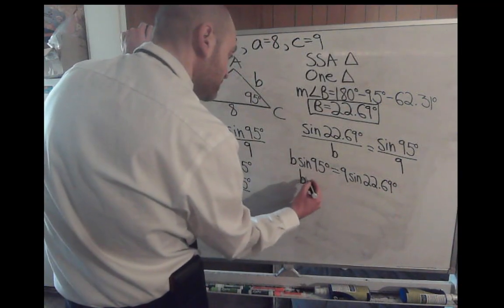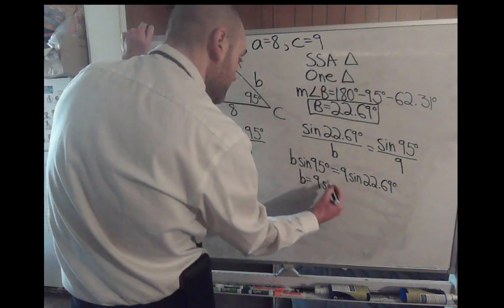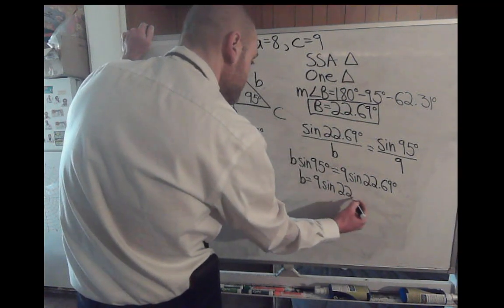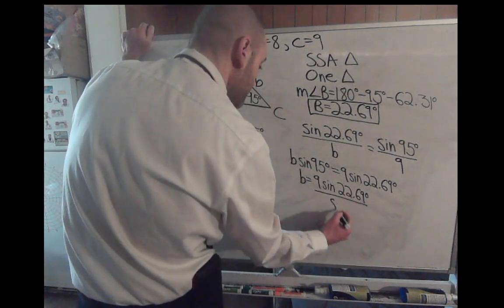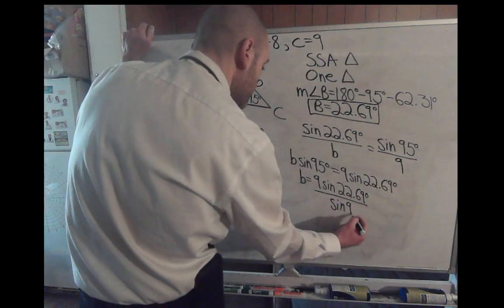So then B would equal 9 times the sine of 22.69 degrees all over the sine of 95 degrees.